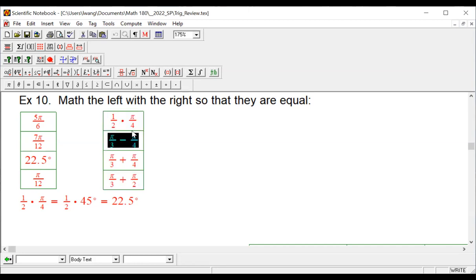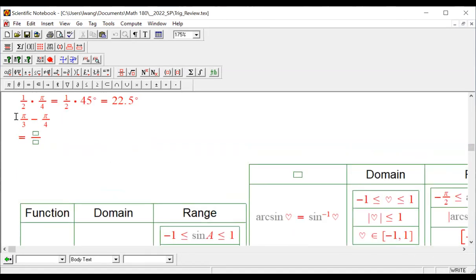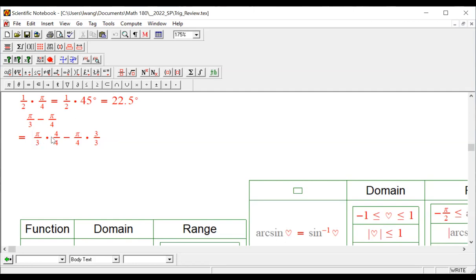Let's work out these fractions. We're going to get a common denominator. So pi over 3 minus pi over 4. We want the same denominator, so for this one we multiply by 4 over 4, because the common denominator is going to be 12, and this one we multiply by 3 over 3.